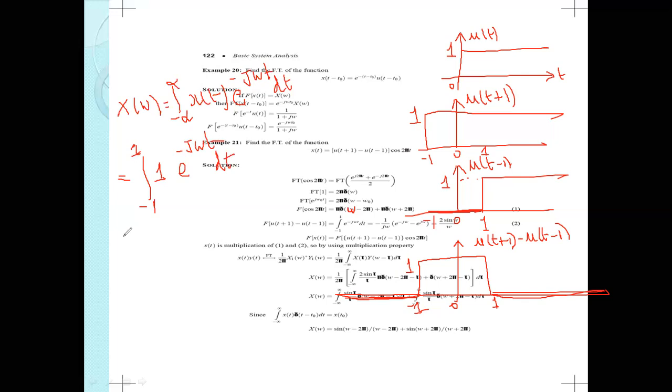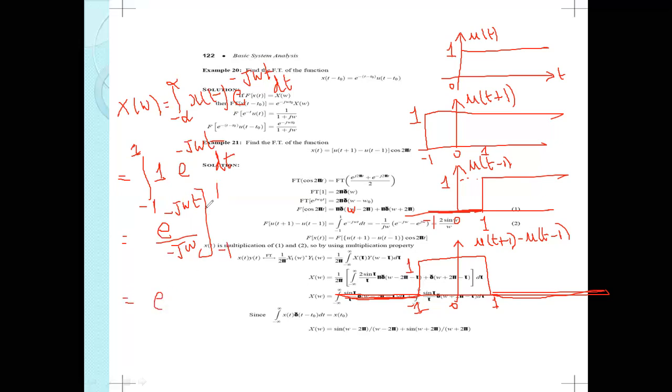Got it, my students? The Fourier transformation is e power minus j omega t whole divided by minus j omega, with respect to time, because we are integrating over t. Minus j omega is the coefficient. The upper limit is 1 and the lower limit is minus 1.